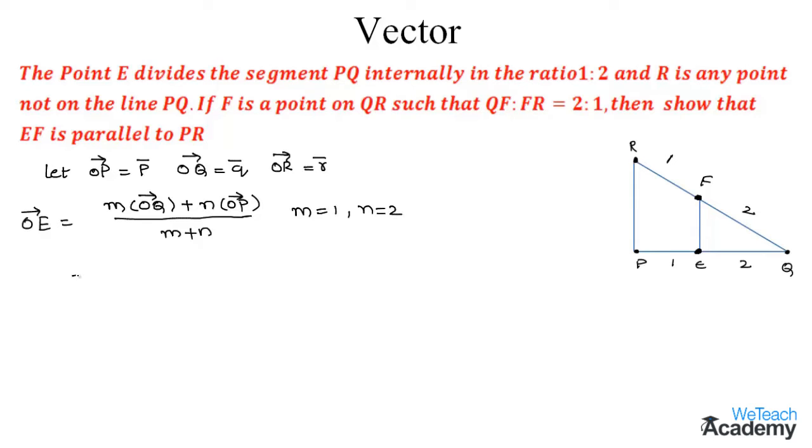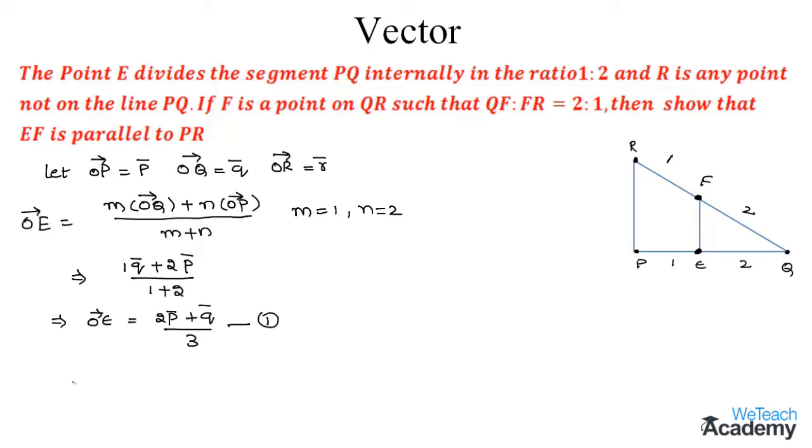So let us substitute here the values. So we get here 1 into OQ and its value is Q bar plus n into the vector OP, which would be 2 into P bar divided by m plus n, which would be 1 plus 2. That implies we get here the vector OE is equal to 2P bar plus Q bar divided by 3. Now let us consider this as equation 1.